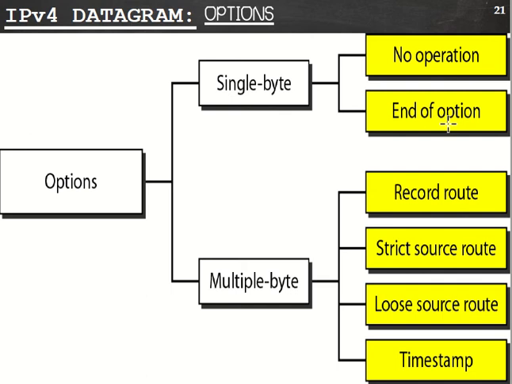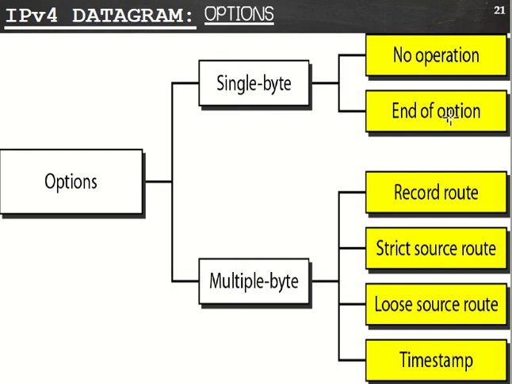No operation is a 1 byte option and is used as a filler between the options. So whenever you want a filler, the no operation option will be used. The second one is end of option.